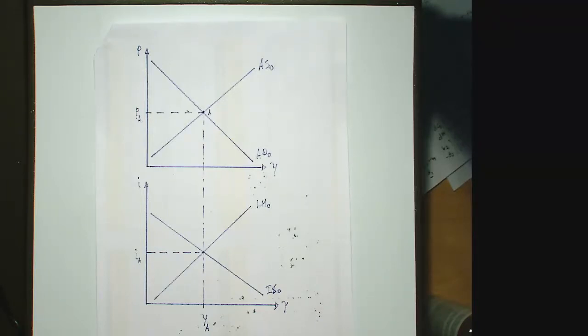So we have said that there is a decrease in money supply because the central bank is undertaking a contractionary monetary policy. If there is a decrease in the money supply, this would have an impact on our money market equilibrium, where initially money demand was equal to money supply.